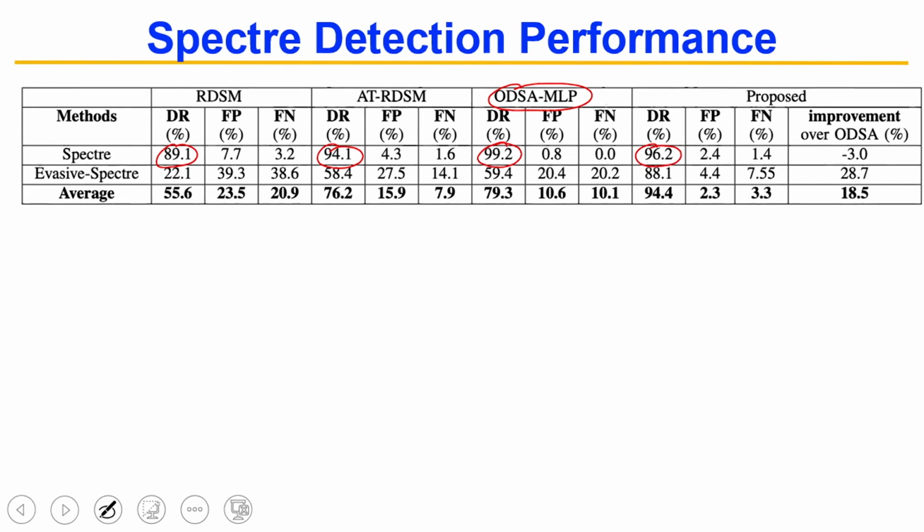But the problem becomes when you have the evasive Spectre and meltdown, then detection accuracy goes down, which is basically unusable detection accuracy. Ours is also going down, but it is still reasonably high.